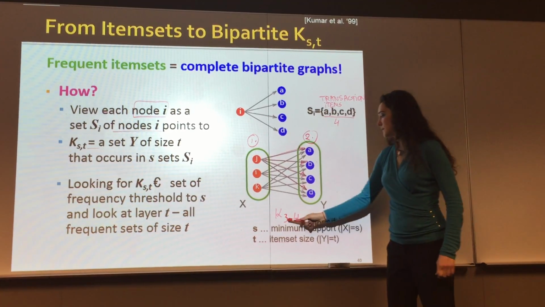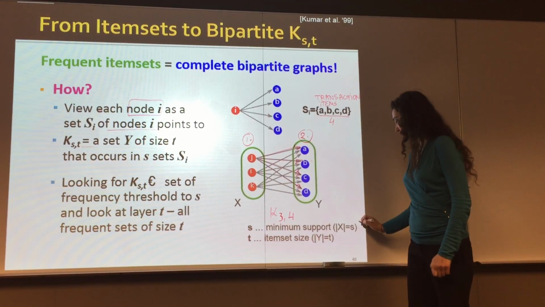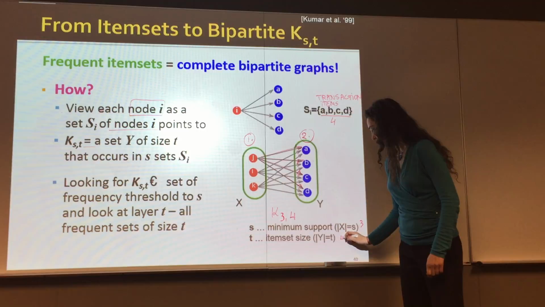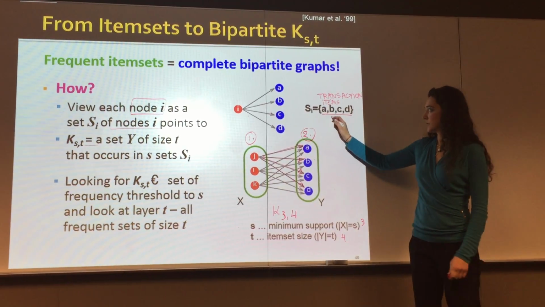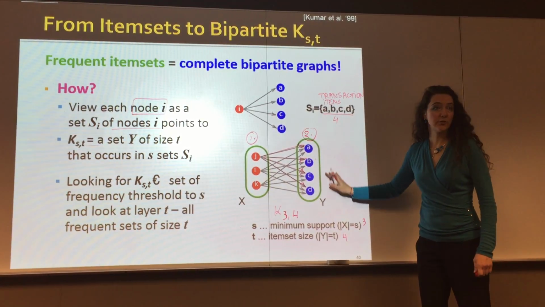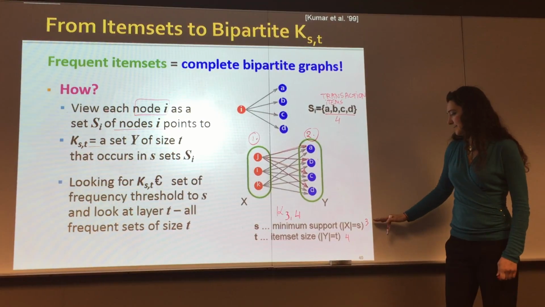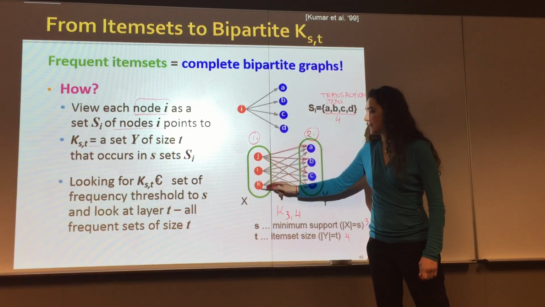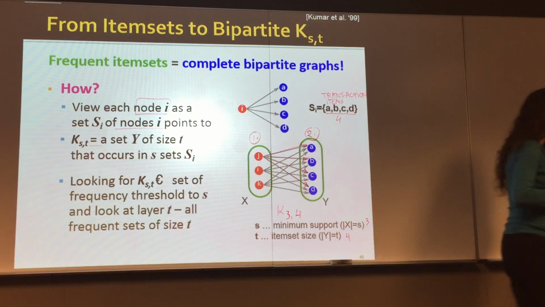So K here is 3, 4. Size is 4 because it points to 4 things on the right. And minimum support is 3 because we have 3 nodes on the left.